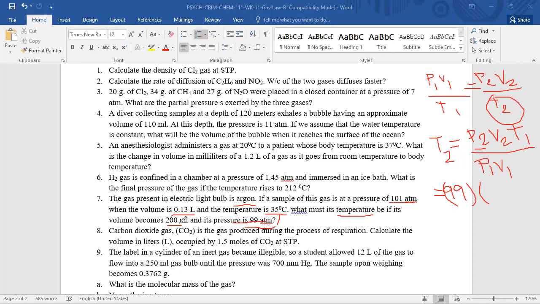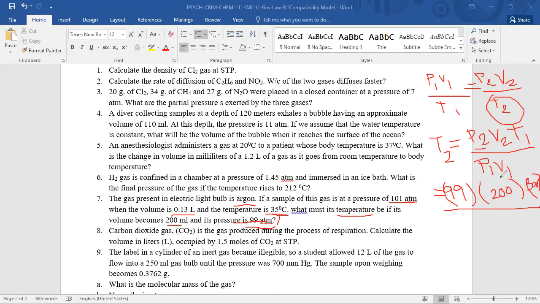Volume 2 is 200 ml. Okay. Multiply natin by temperature. Ay, temperature natin na initial is 35 degree Celsius. So, 35 plus 273. 308. Nako, hindi na kumasya sa screen.